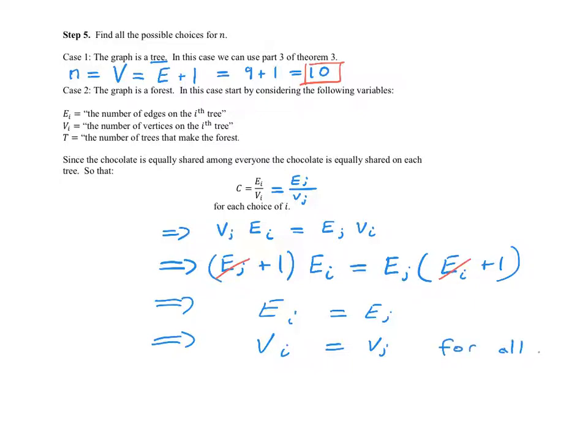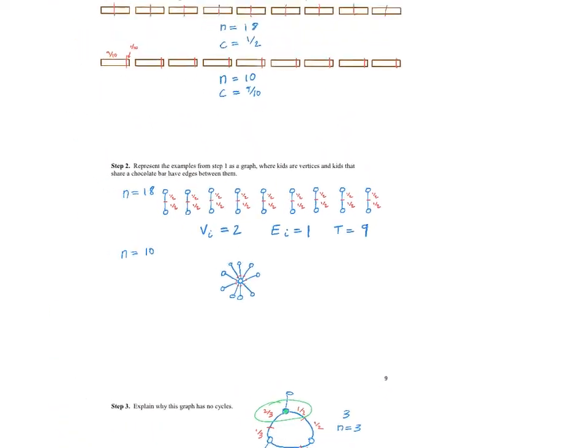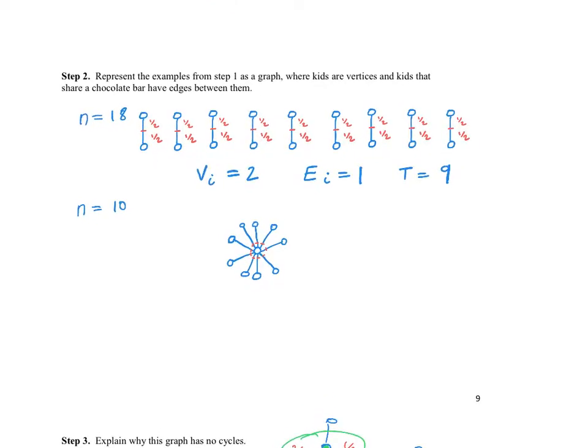So we can write down, for all I and j. And we kind of already discovered that if we look back at the tree that we came up with from the first part of our problem, we noticed that. We said, oh, okay, yeah, every single tree in our graph has one edge and two vertices.